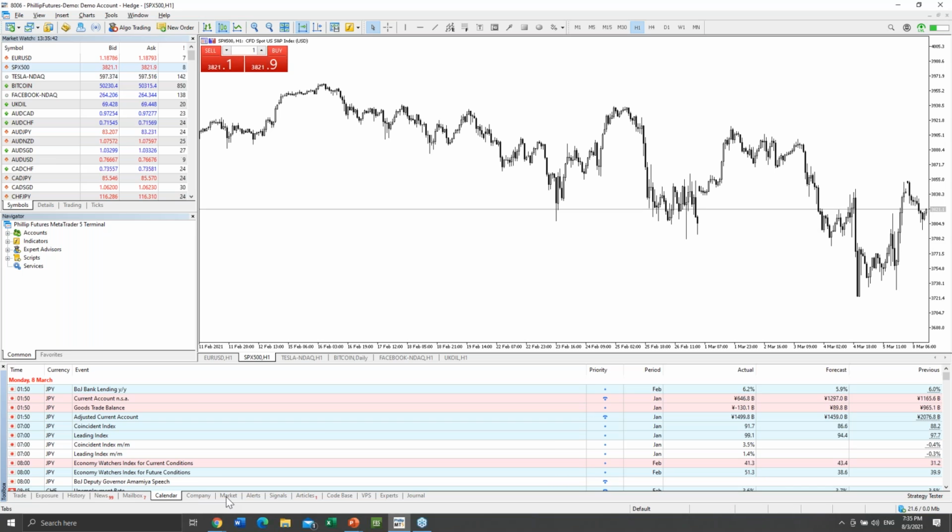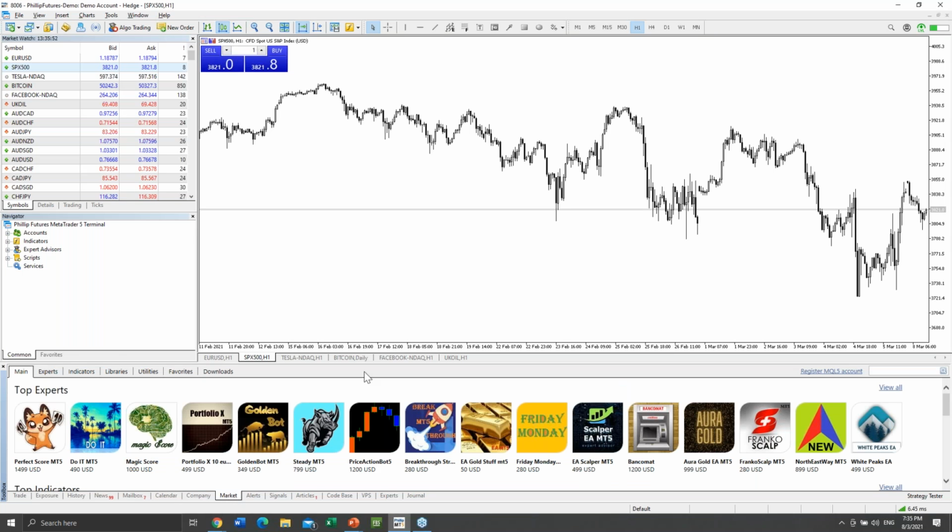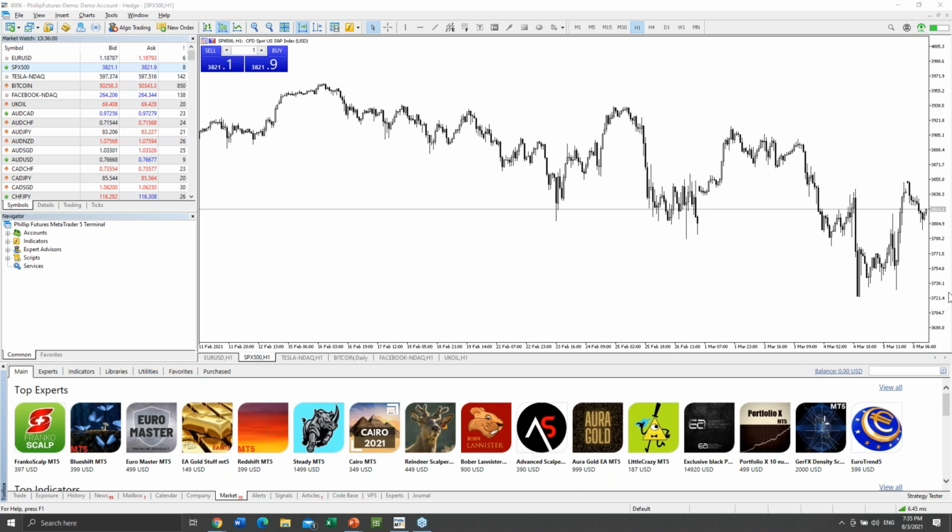So this is the news. And then that is more or less the key functions in the platform. There is one more under the market panel, where it allows you to download different things from indicators to specialists. But I do have to put out a disclaimer over here and say that Phillip Futures does not endorse this marketplace.